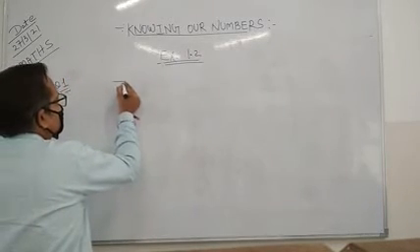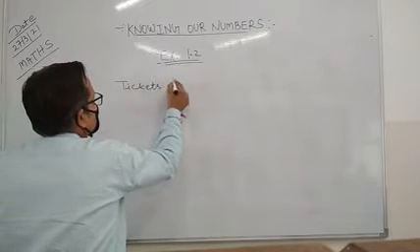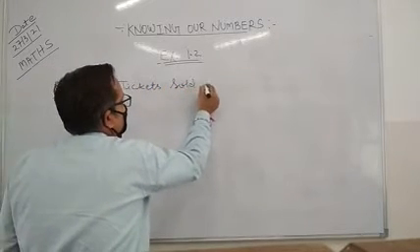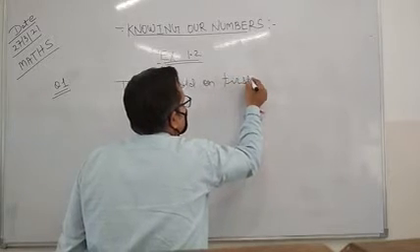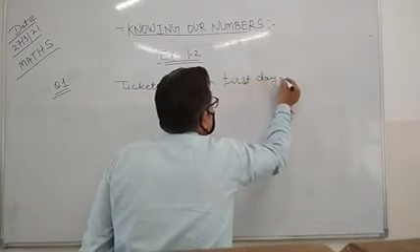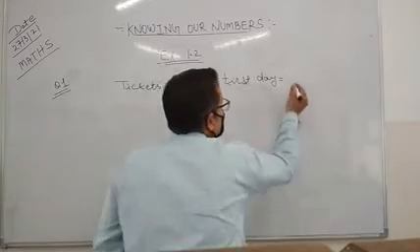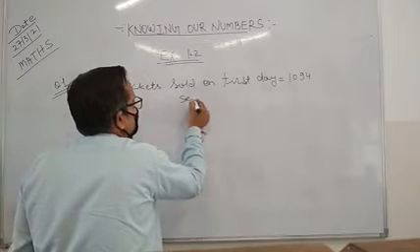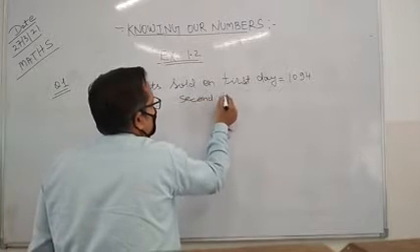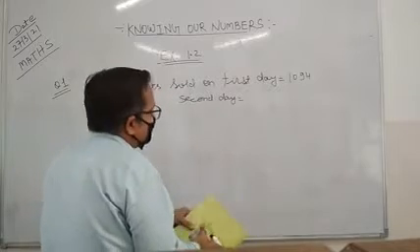That means tickets sold on the first day. How many tickets were sold on the first day? 1094. Second day, 1812.